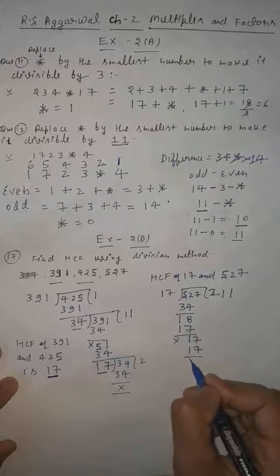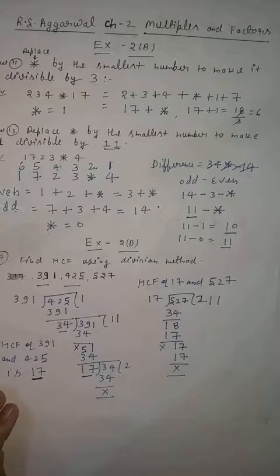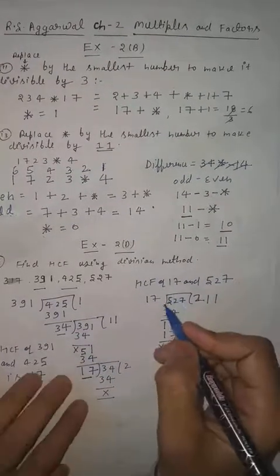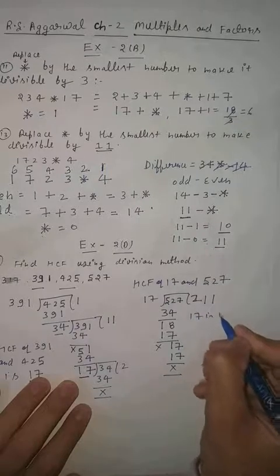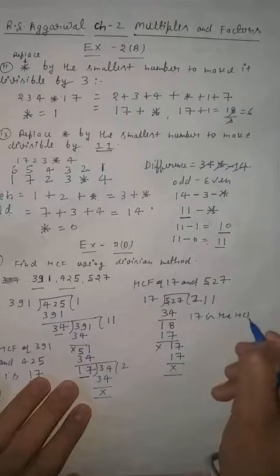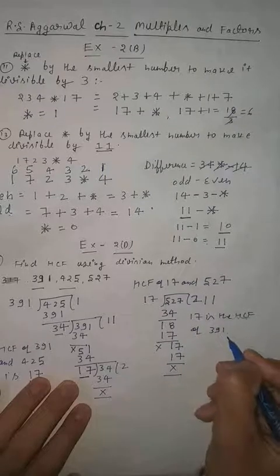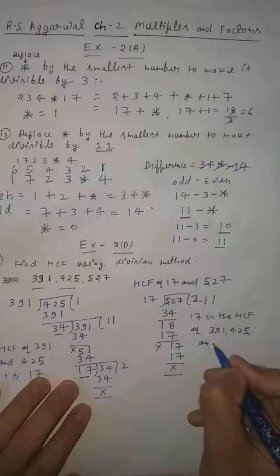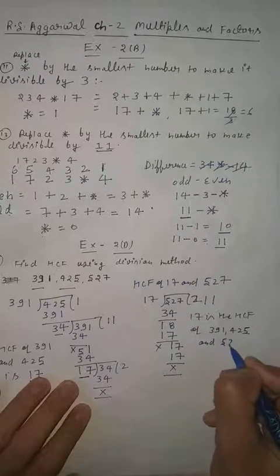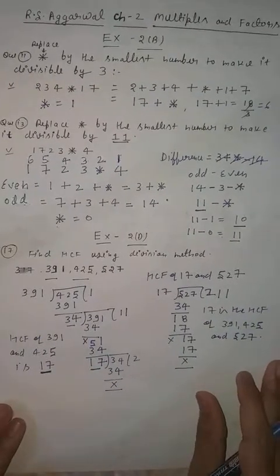Clear, students? So you can say that 17 is the HCF of 391, 425 and 527. Clear, students? Means you have to check by the division method. Easily you can find it.